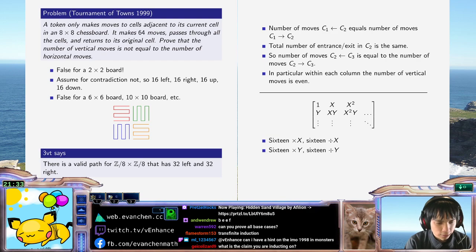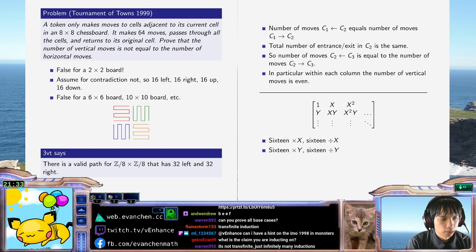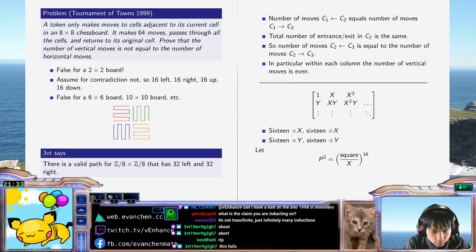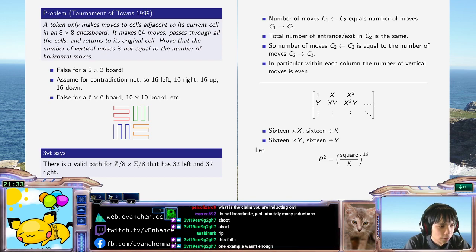Then p squared is like... Alright, so. No, the point is you'll get 0.